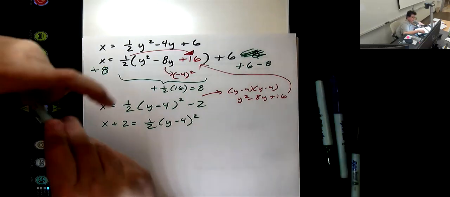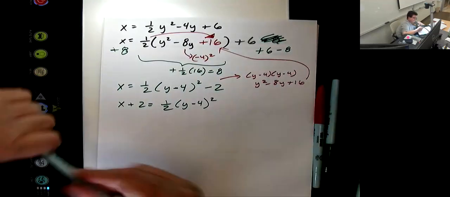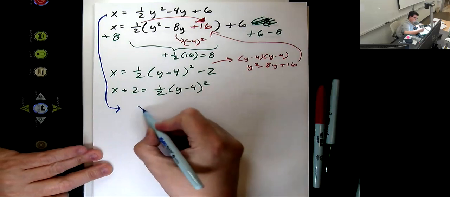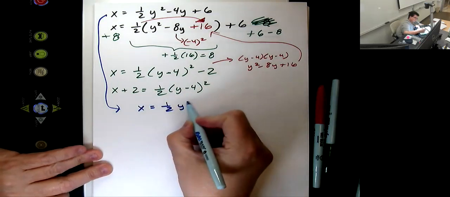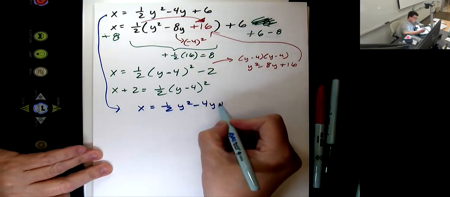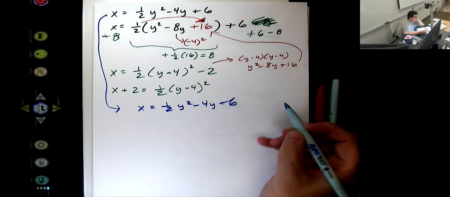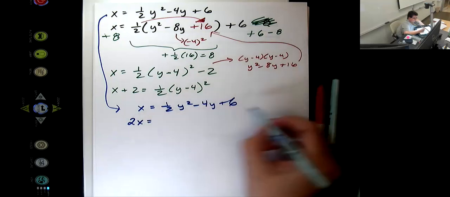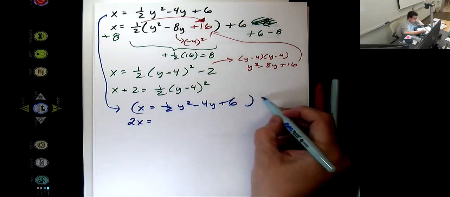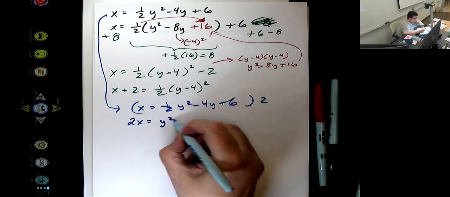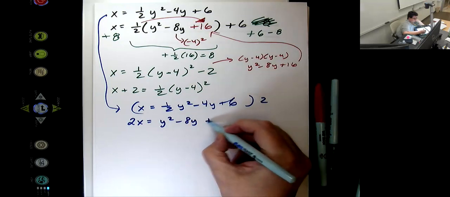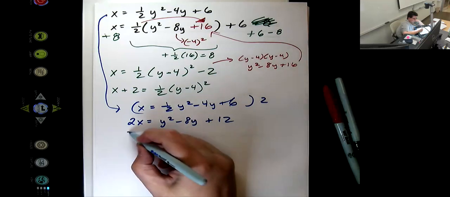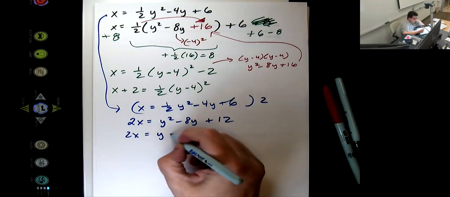Another way that might make this a little bit more pleasant for you to get to the same spot. First off, get rid of the fraction. Multiply through by 2 on everything. Now you can complete the square here normally.